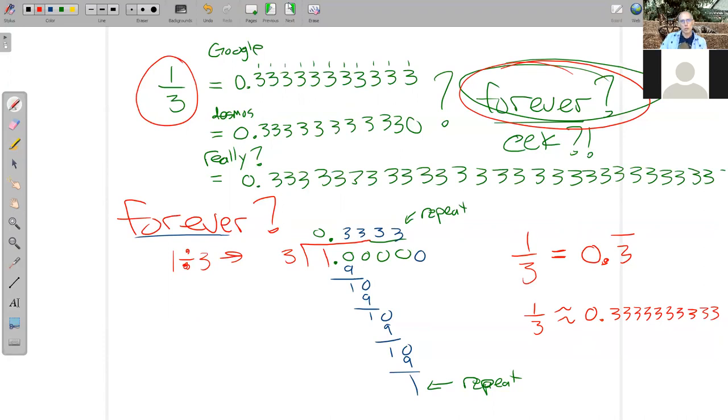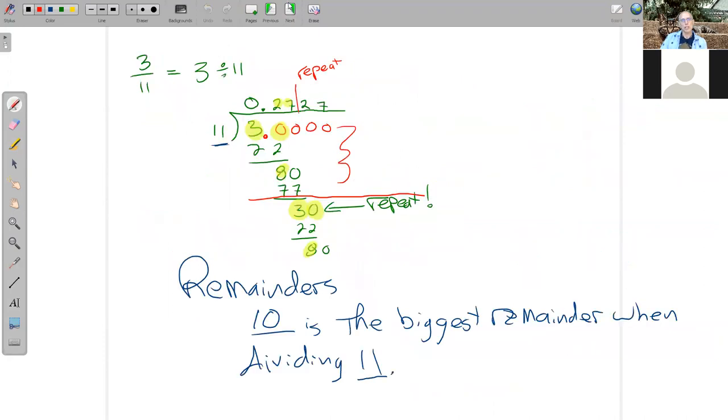You've got to be careful with the use of the bar to make sure it goes in the right spot. For 3/11ths, I could say 3/11ths is approximately 0.2727 if I went with 4 places. Or I can get away with saying it's equal to 0.27, where the 27 repeats.